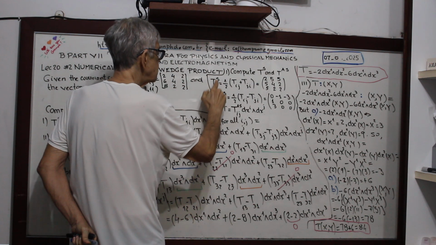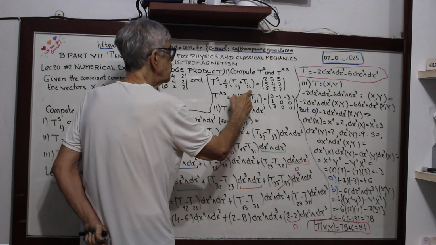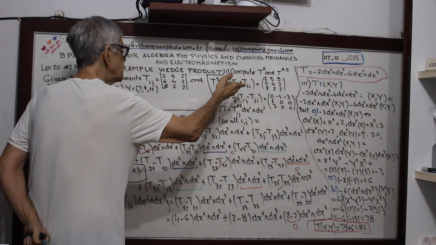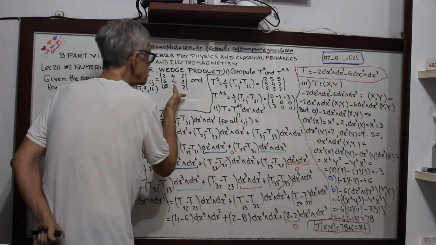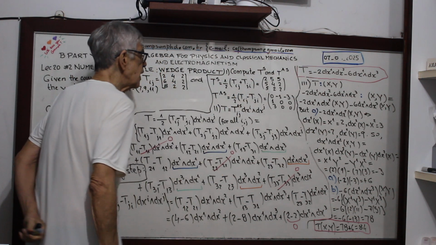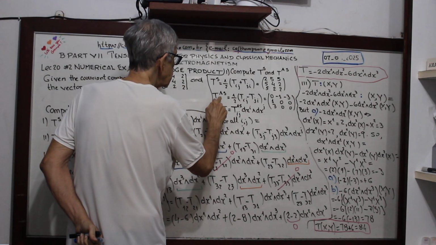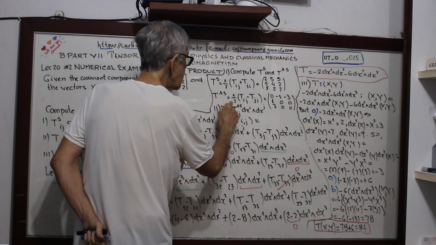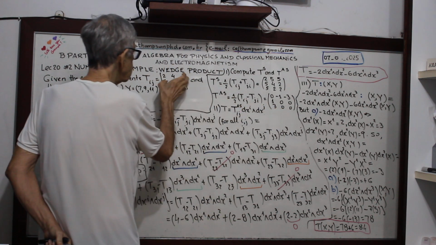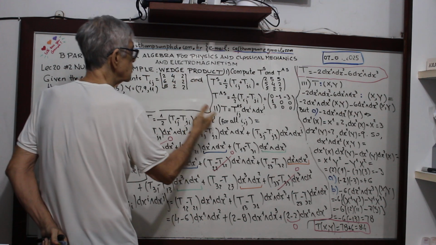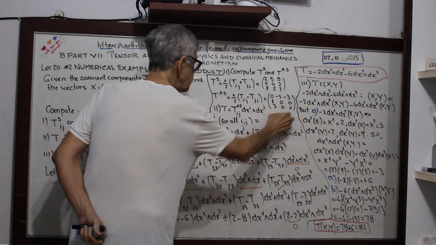Recall that T symmetric is 1/2 (T_ij plus T_ji). You just add this matrix to its transpose and divide by 2. On the other hand, the antisymmetric is 1/2 (T_ij minus T_ji). Also, you can make a simple calculation and write the antisymmetric matrix.